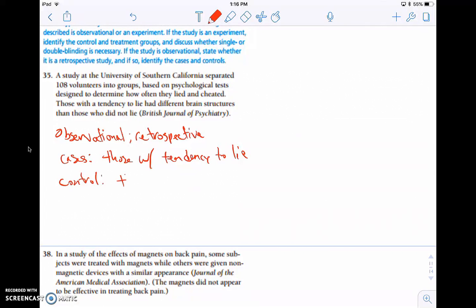So we're going to say those without the tendency to lie. That's how we break it into our different cases versus controls. So we'll look at 38 and one more example to end this in the next video.